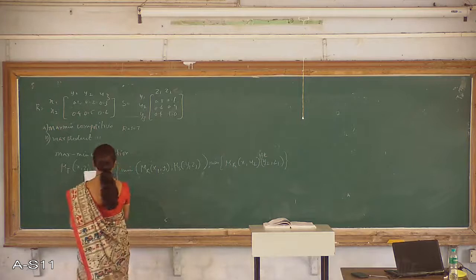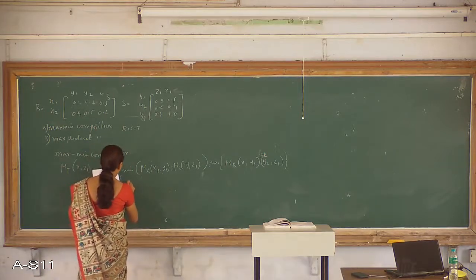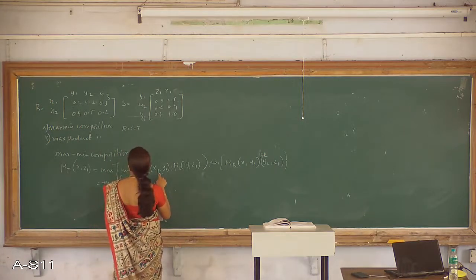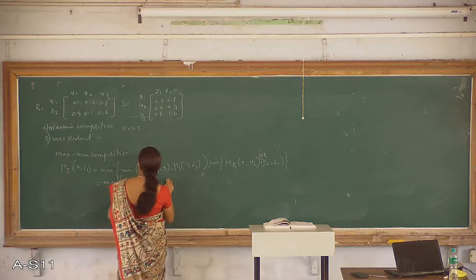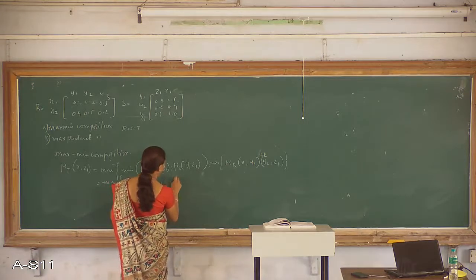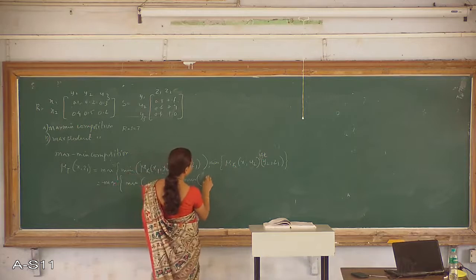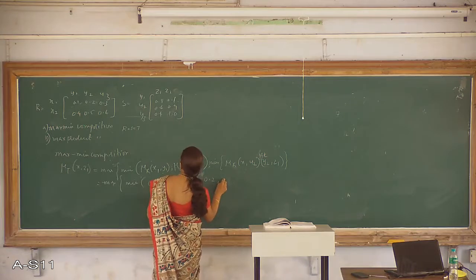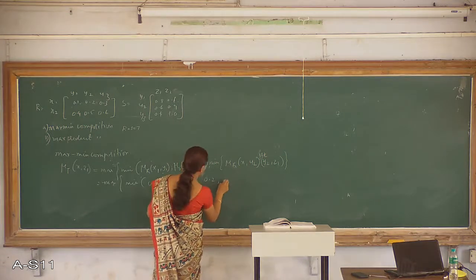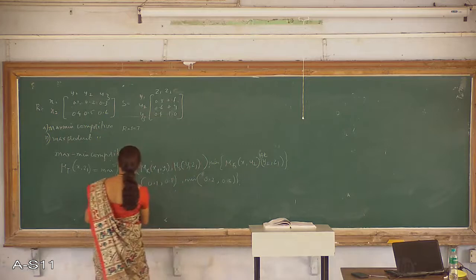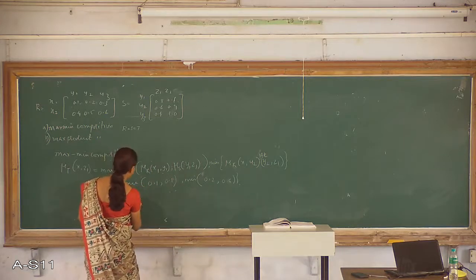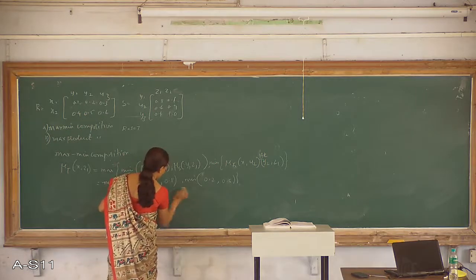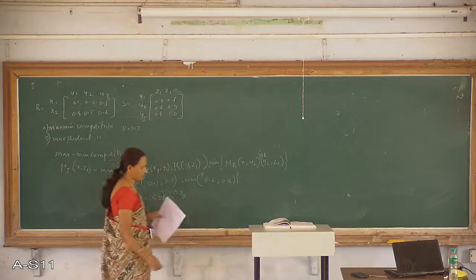So I can have here max of min of 0.1, that is x1 y1 is 0.1, comma y1 z1 is 0.8, comma minimum of x1 y2 is 0.2, y2 z1 is 0.6. So among this, which is minimum? Max of minimum: here minimum is 0.1, here minimum is 0.2, max will be 0.2.